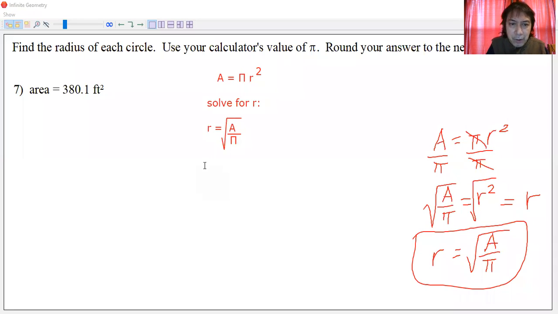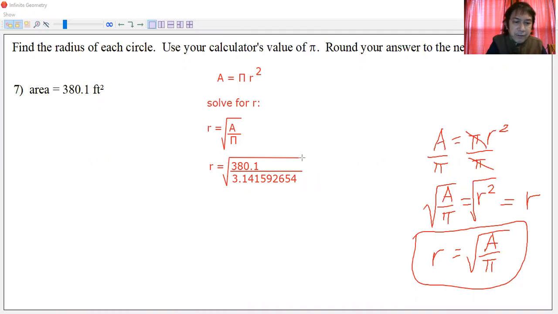Okay, let us now use the numbers. r is equal to area is 380, the given. 380.1 square feet to be divided by the value of pi. There. So we put a fraction symbol there. And then after dividing, we will get the square root there.